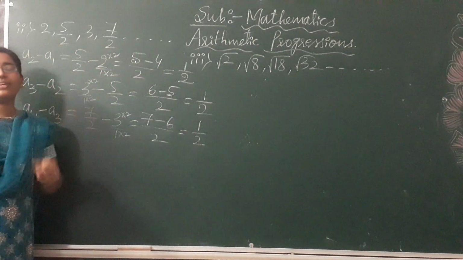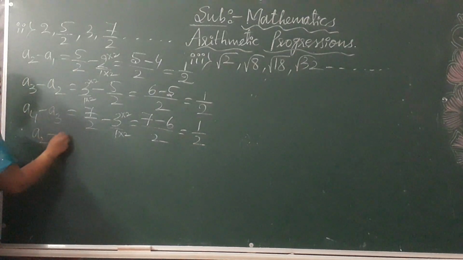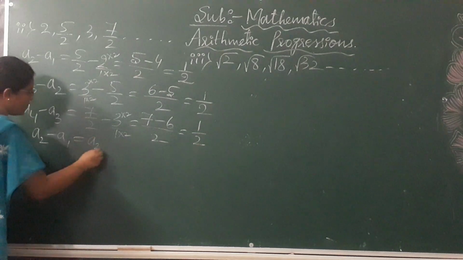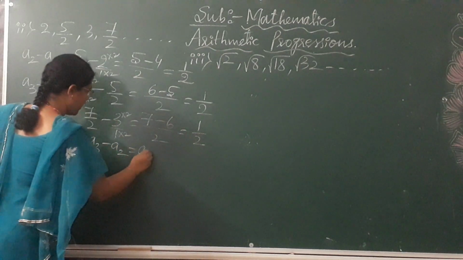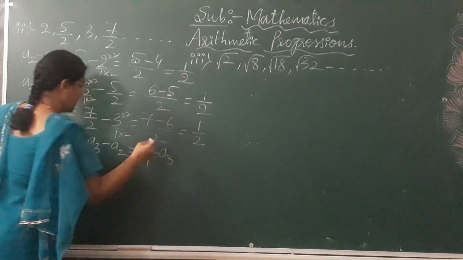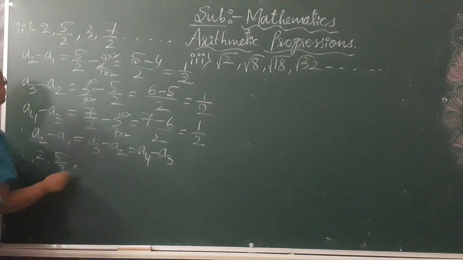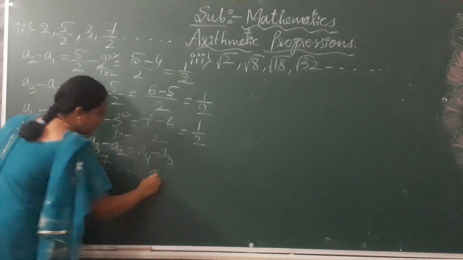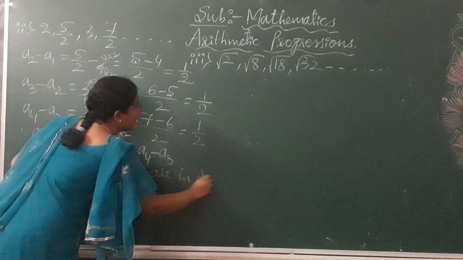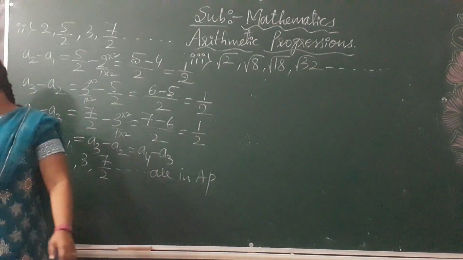Therefore, A2 minus A1 is equal to A3 minus A2 is equal to A4 minus A3. Therefore, 2, 5 by 2, 3, 7 by 2 and so on are in AP. We have to find the next 3 terms now.